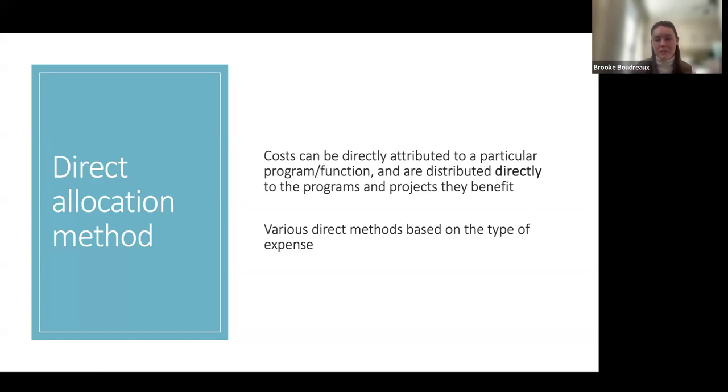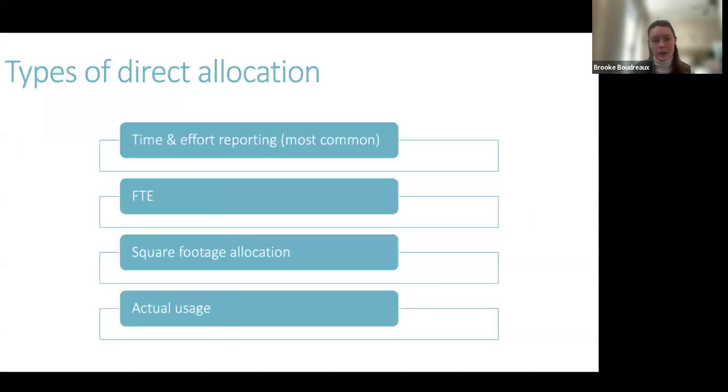There's a couple of different methods that fall under the direct allocation method that we'll talk about here next. So the four main types of direct allocation that we'll talk about today are time and effort reporting, FTE method, square footage allocation, and actual usage.